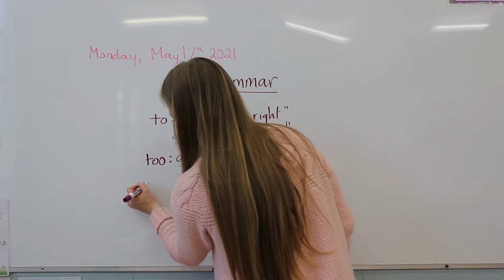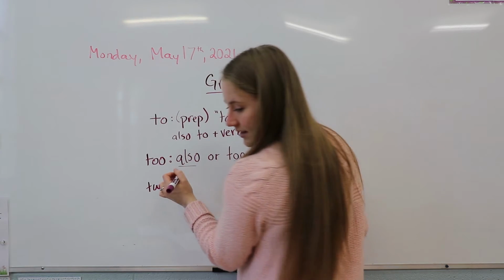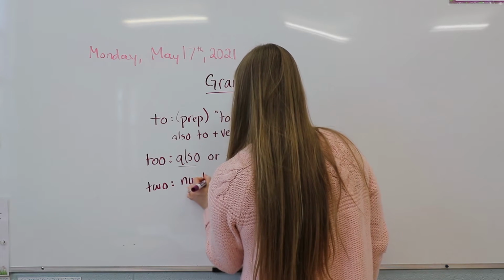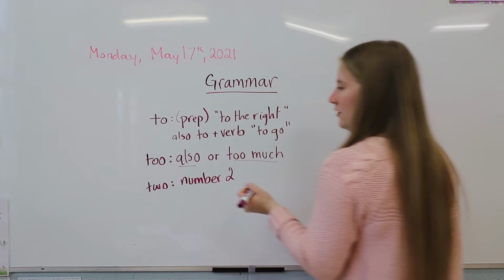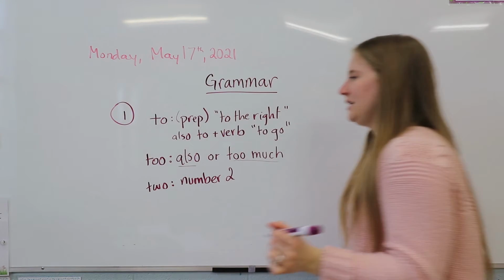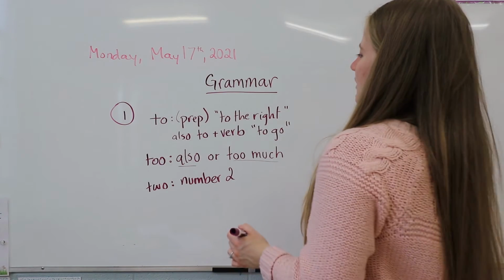And then of course, TWO is the number. So you use it as a number, okay? So that was number 1. And please make sure that you're copying this down in your duotang as well as you follow along, okay?